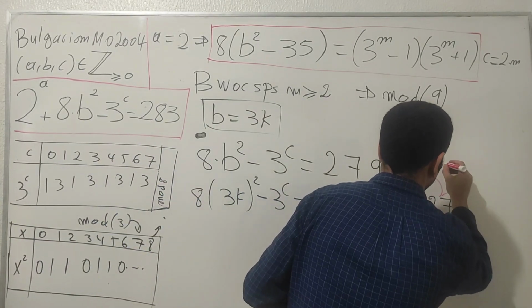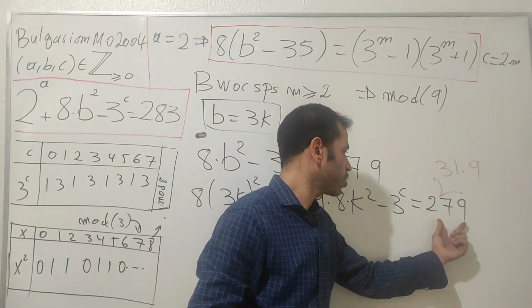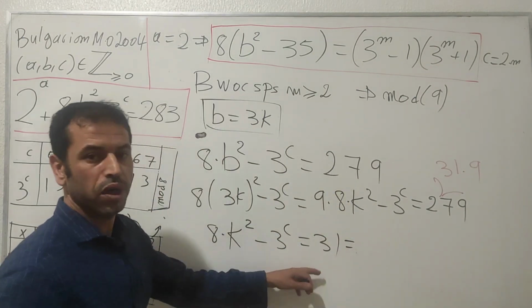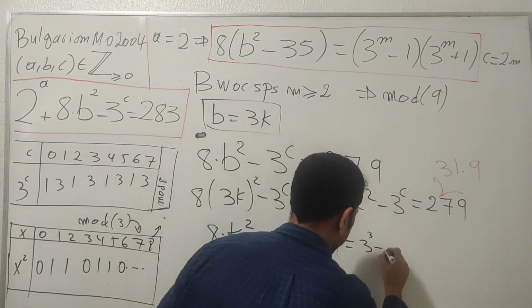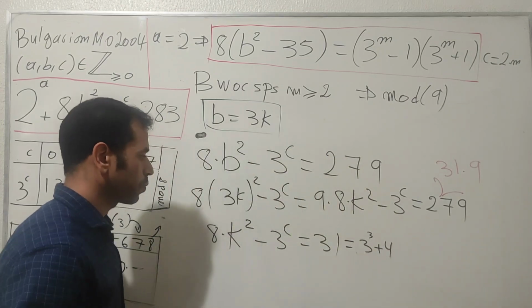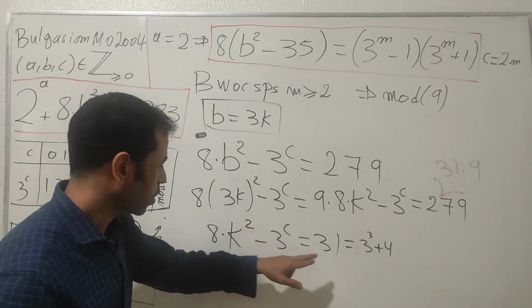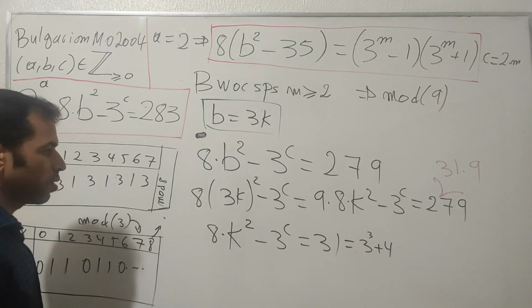Okay? Notice here, 279 is the same as 31 multiplied by 9. Since we get 9 everywhere, here and here, we know 31 is the same as 3 cubed, which is 27, plus number 4. So I'm going to move this term to the right and bring number 4 back to the left. Then take number 4 as a common factor.